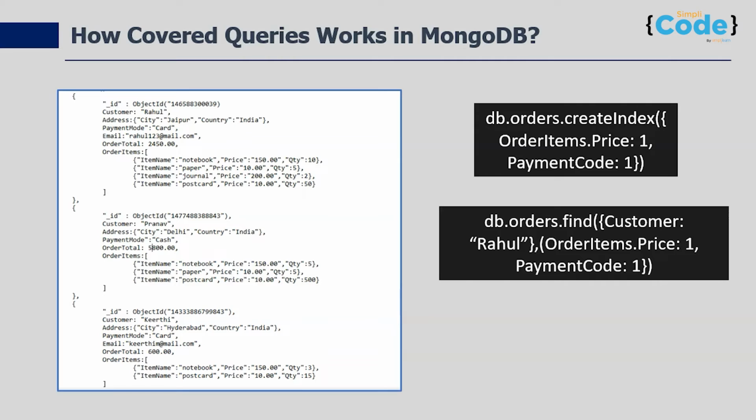Now, generally, what you do for querying the data present in your collection is, let's say I'm trying to find the customer name here, that is Rahul. If I consider this example, it says db.orders.find customer Rahul, orderItems.price 1, paymentMode 1. Now, we are providing all the index fields that we have created, that is orderItems.price and paymentMode.